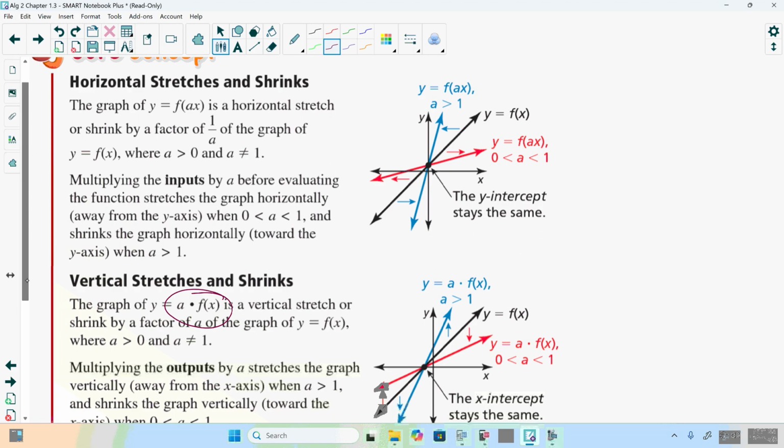Horizontal stretch slash shrink is f of a x, and we flip a before plugging in.